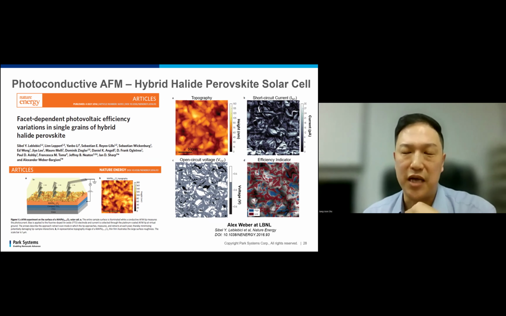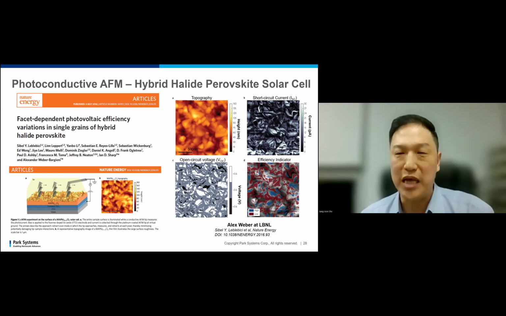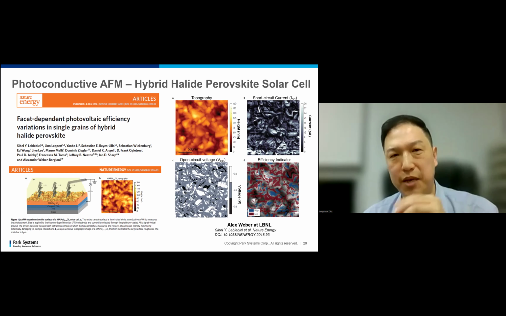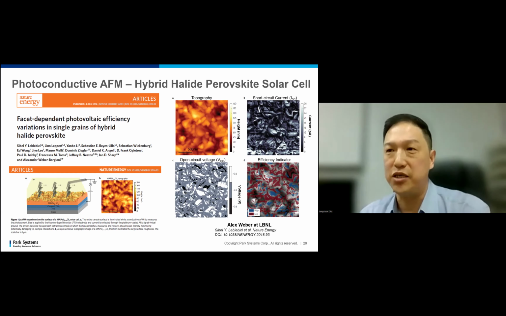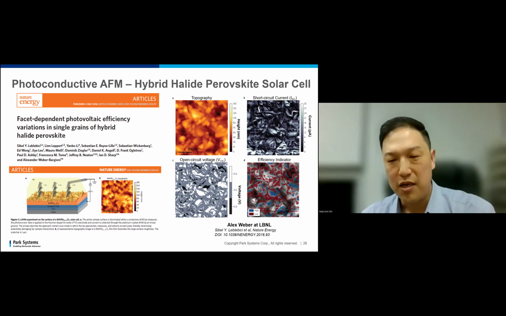So they contacted us to measure the electrical efficiency of the perovskite material without destroying it, because it's a very brittle material. We helped them measure local short circuit current and open circuit voltage, and with calculation we could provide the energy efficiency map of the perovskite.